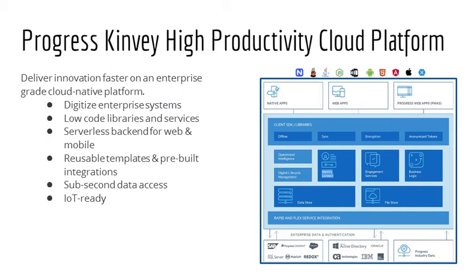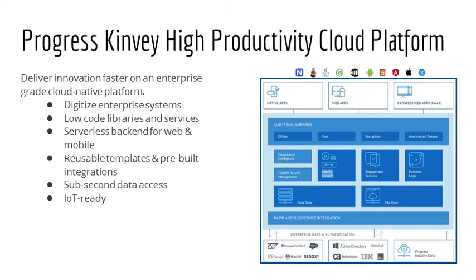This means you don't need to hire additional developers with specialized skills like Salesforce development or development specific to SAP. Your existing developers can just log in and start using Progress Kinvey to integrate with any enterprise platform. This is because of the data integration accelerators that Progress Kinvey has built in. That's what enables this.